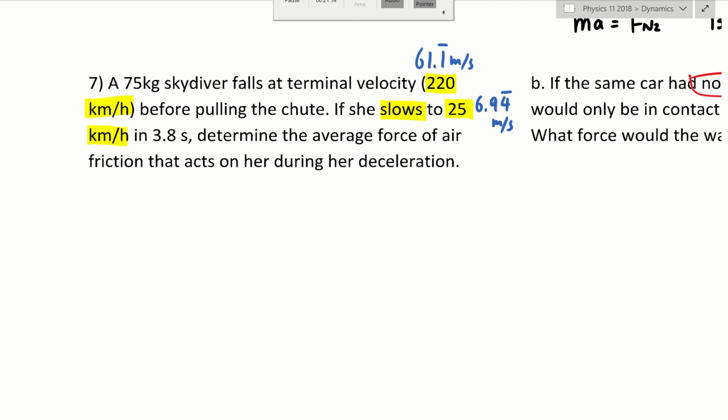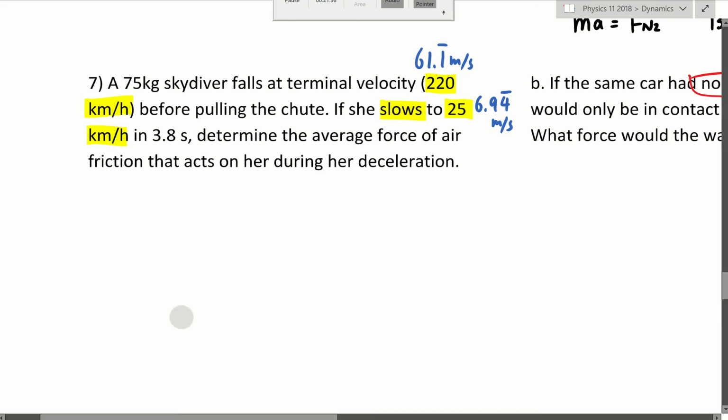So basically, once you open the parachute, the air resistance is even greater than gravity. That's why you are able to slow down. Before you open the parachute, you speed up to a point where the air resistance and your force of gravity are exactly the same. Then at that point, you reach something called terminal velocity. But afterward, you will continue to go down, right?